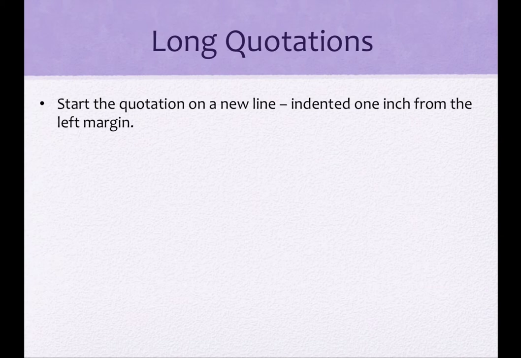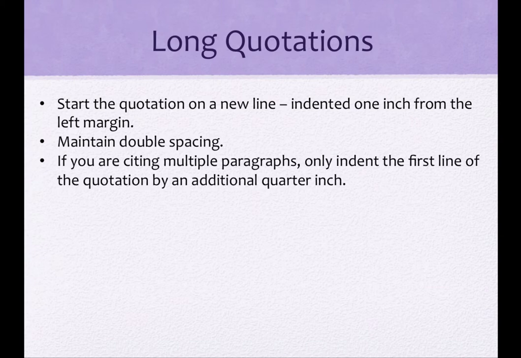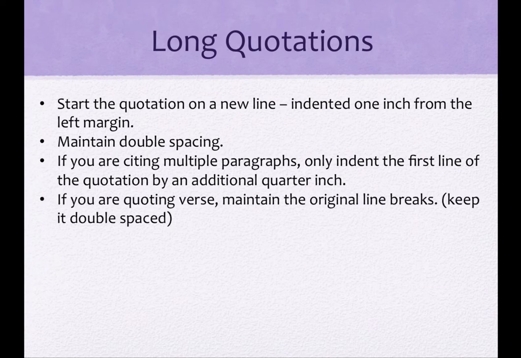Long quotation. You start the quotation on a new line, indented 1 inch from the left margin. You maintain your double spacing. If you're citing multiple paragraphs, only indent the first line of the quotation by an additional 1/4 inch. If you're quoting verse, maintain the original line breaks. Keep it double spaced.